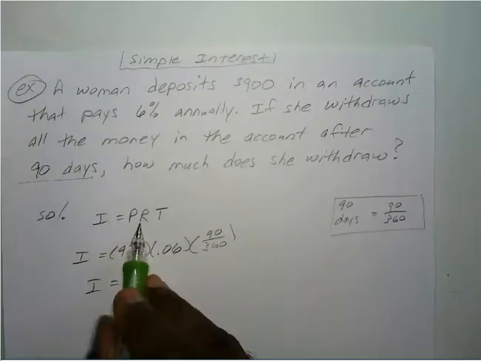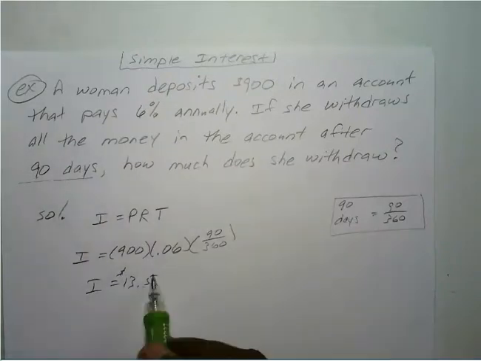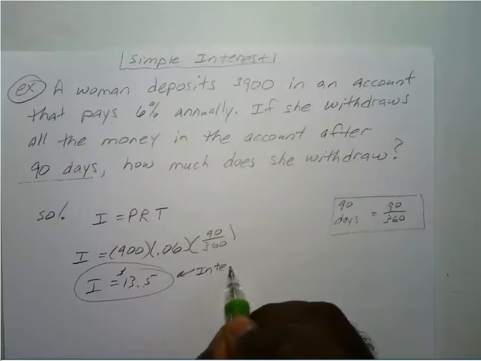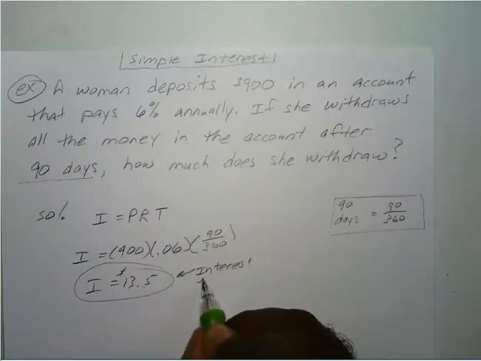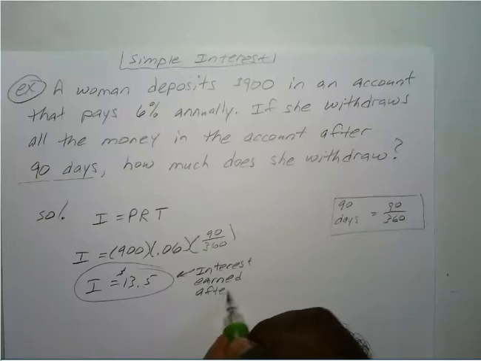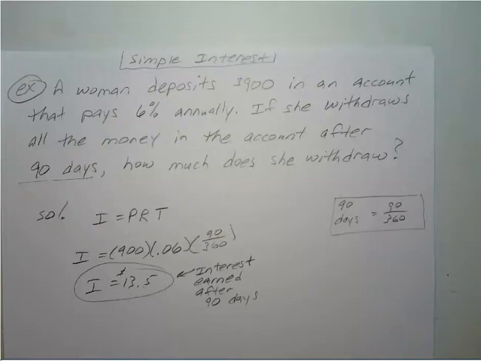Okay, we already have our rate, so our interest would be $13.50. Okay, so you have interest earned after 90 days. All right, so we have our interest amount.